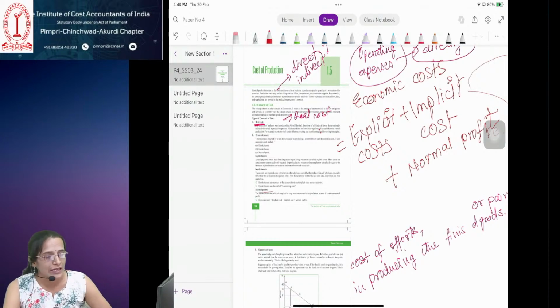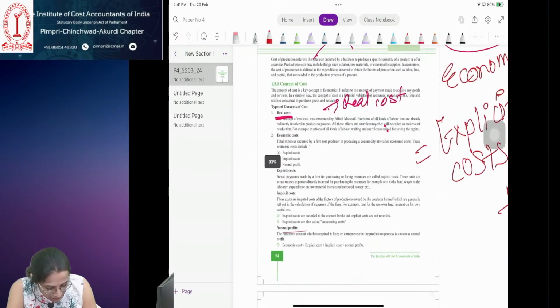So we can say explicit costs are the costs which are recorded in the books of accounts. We record all these costs in the books of accounts, in accounting terms. So explicit costs are directly related to the production of the business, payments are made for them, and they are recorded in the books of accounts for accounting purposes. So we will read this.